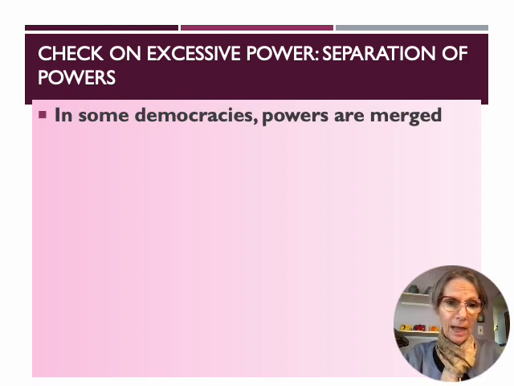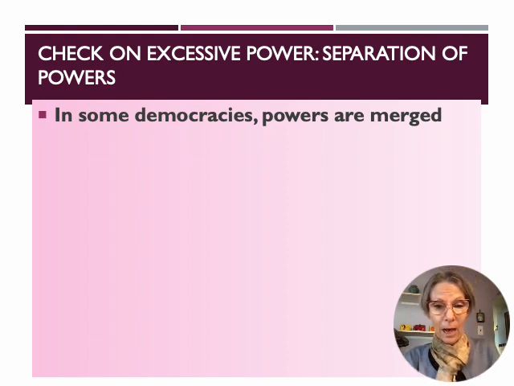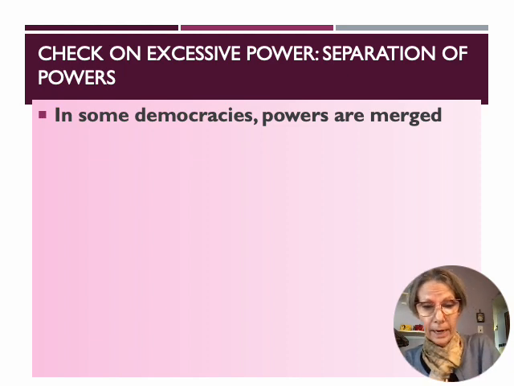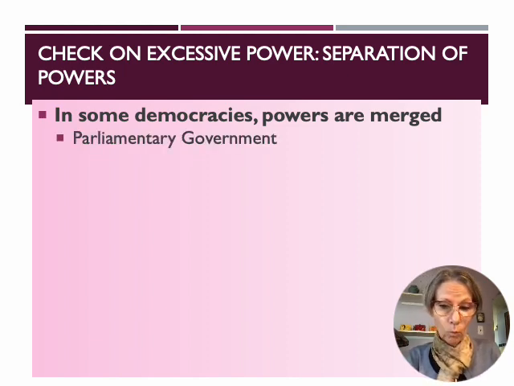Now, as I mentioned on the last slide, in some democracies, an example being Britain, the powers are merged, okay? And that's what's known as a parliamentary form of government. What that basically means is that the legislative power is merged with the executive power, okay?